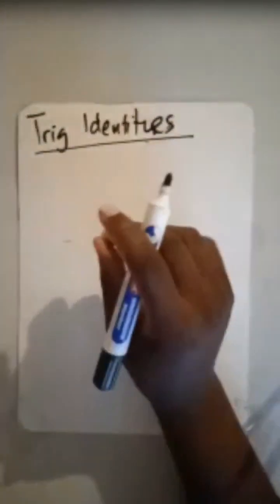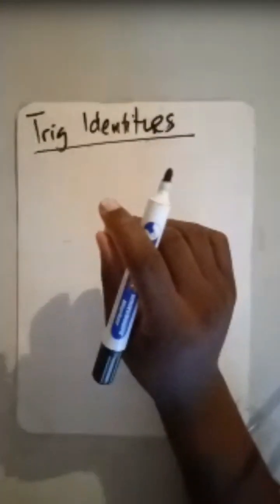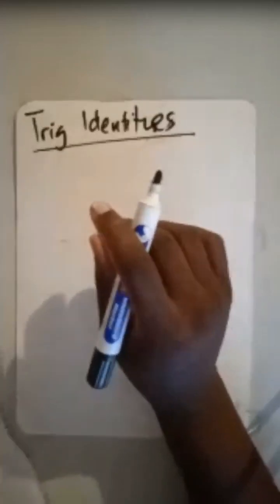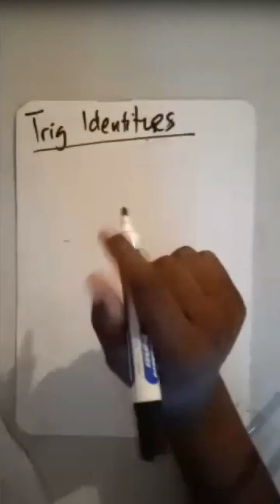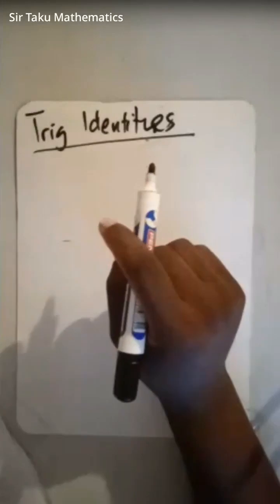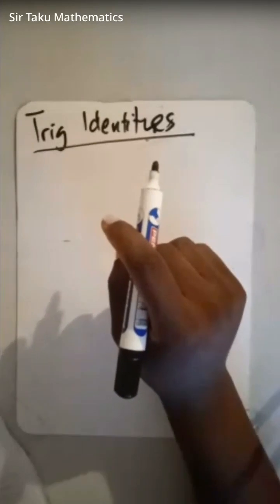We are going to be solving questions I took from a textbook. Then there's one question I took from a past exam question paper, and we're going to end with that one.